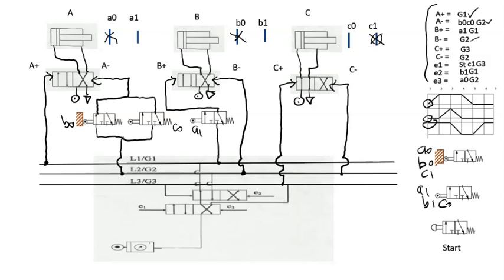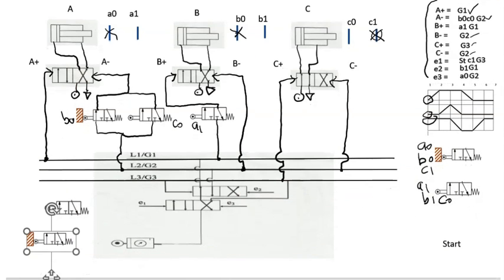So we're going to start with the E. So E1: ST, C1, G3. ST is the start button. And we need to have C1. C1 is the touch limit switch. We need to label it first.